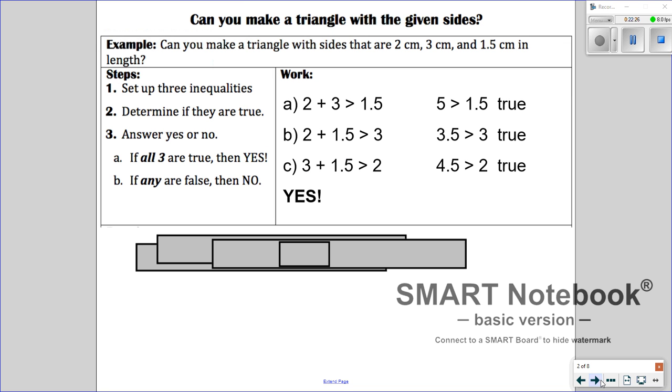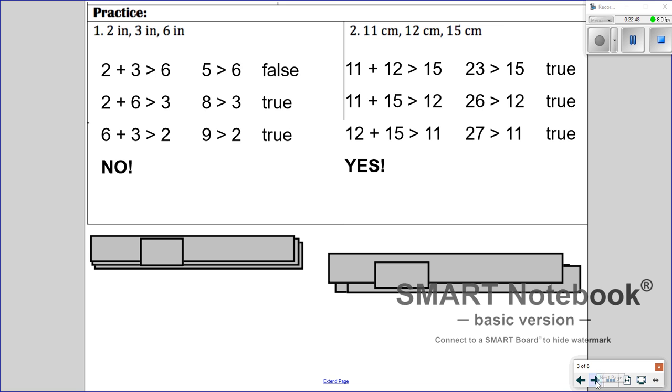To find out if you can make a triangle with the given sides, you set up the three inequalities. You add two of the sides and check that the sum is greater than the other one. If it's all true, then you can make the triangle. If not, then you cannot make a triangle.